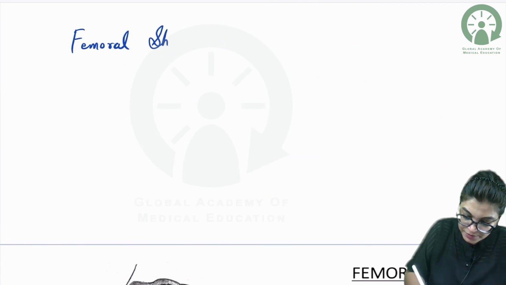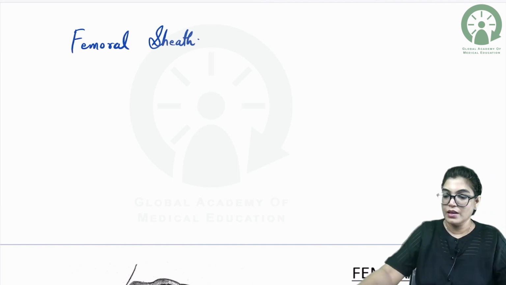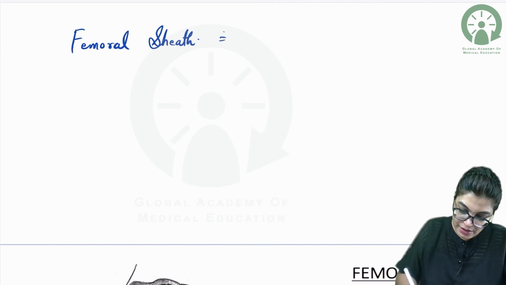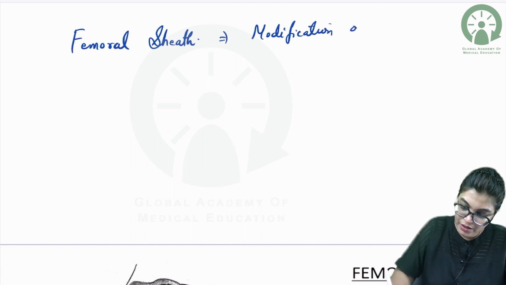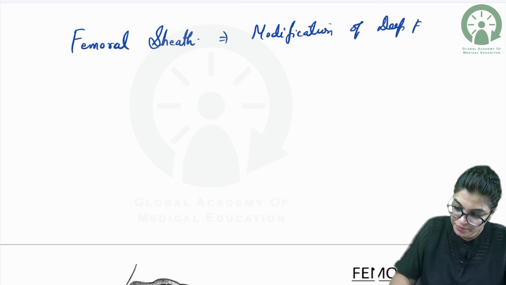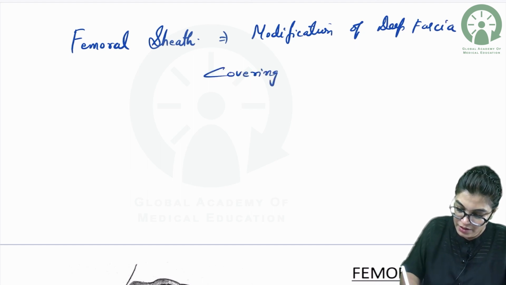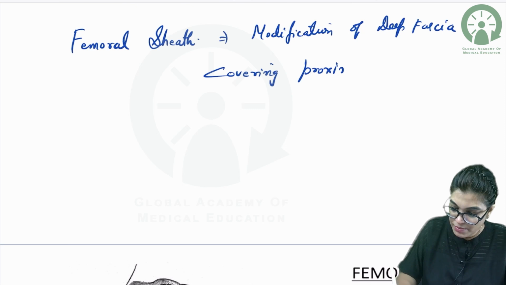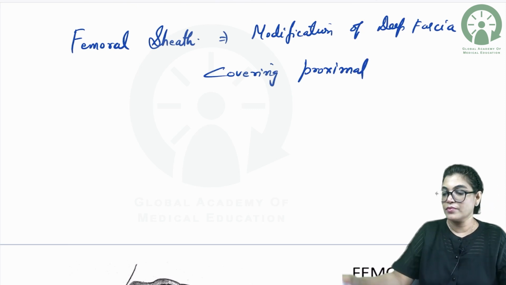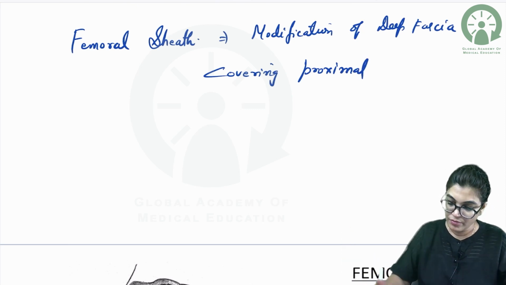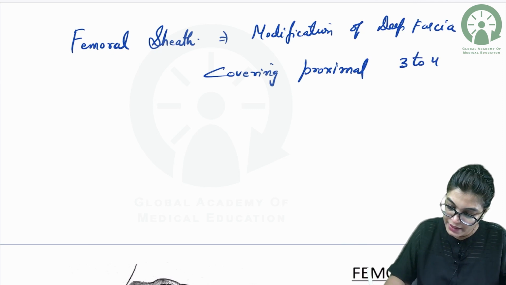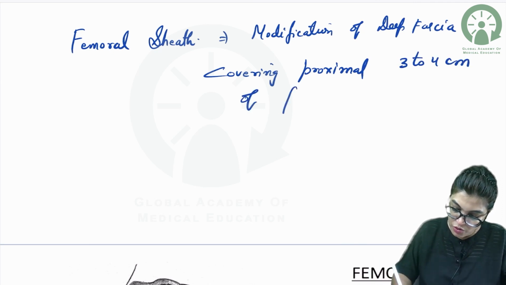So, what is femoral sheath? Femoral sheath is a modification of deep fascia, which is covering the proximal 3 to 4 centimeters of femoral vessels.